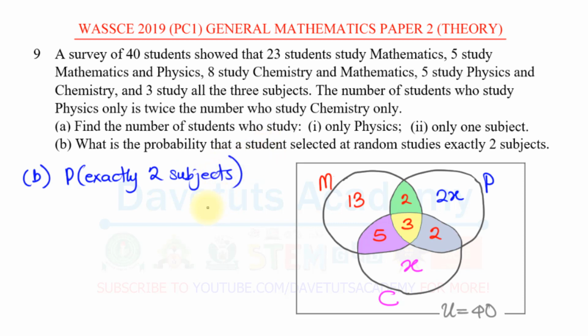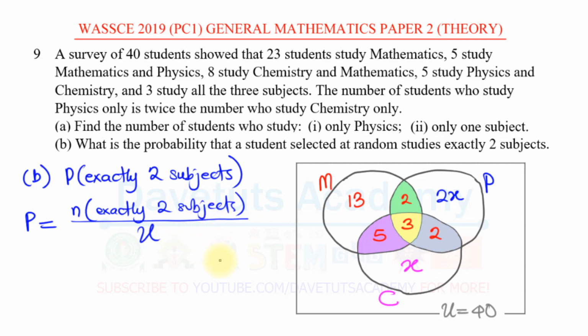That probability is going to be the number of students that studied exactly 2 subjects over the universal set, that's the total number of students, which is 40.